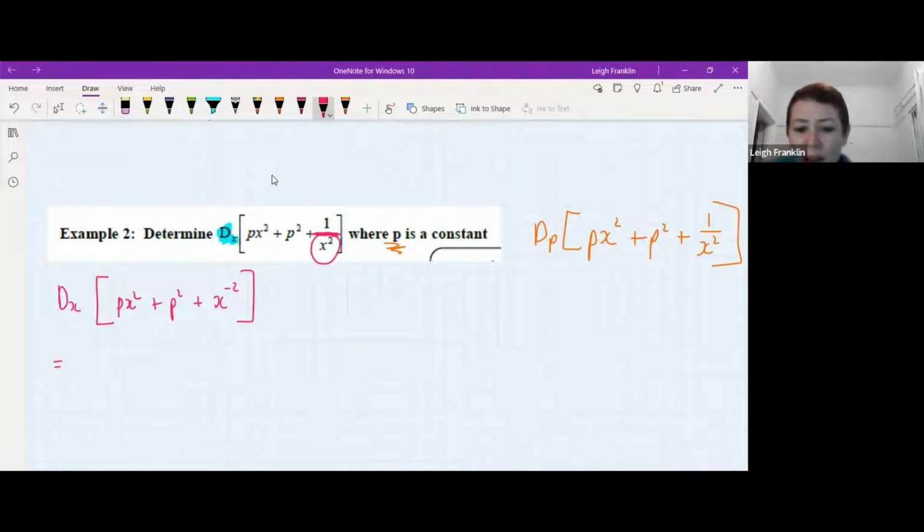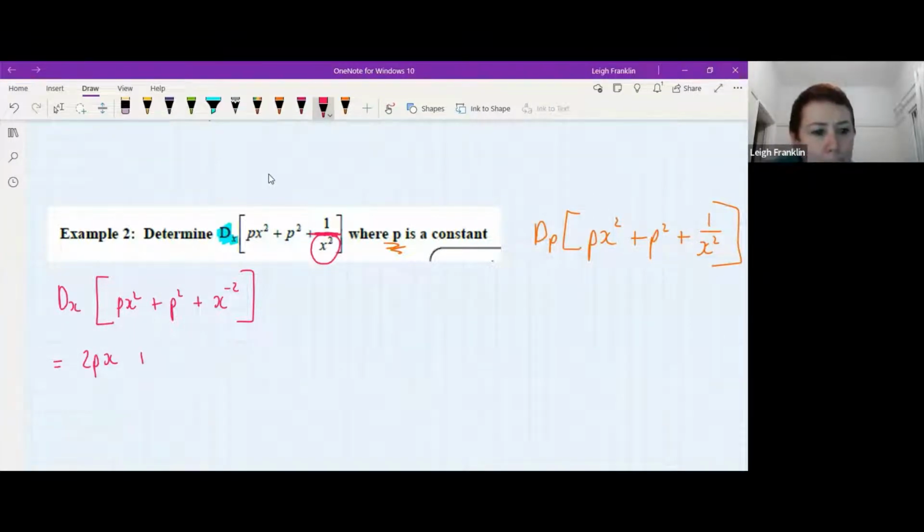Okay, so what is our first term going to be in this case? Does anybody want to say? What do you think it would be? Yes, ma'am. It will be 2px. Keep going. I like what you're doing.